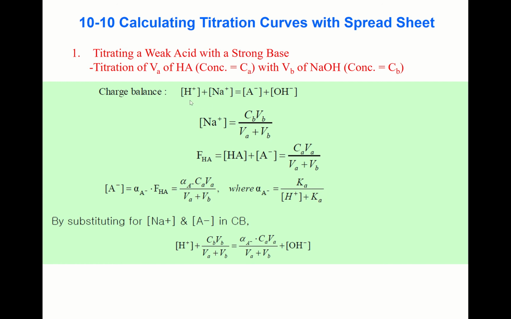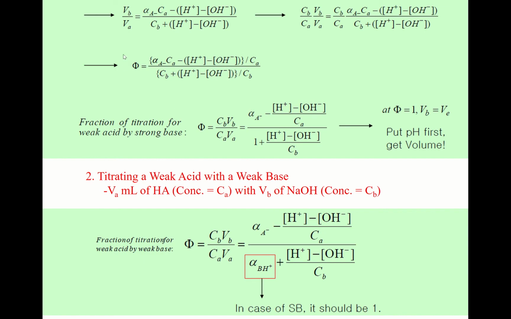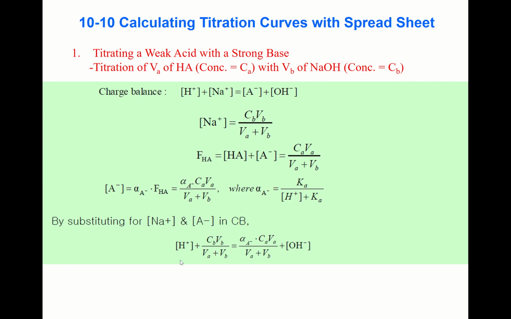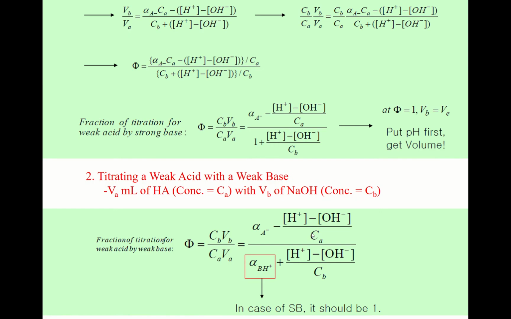And then this charge balance equation can be rewritten here. Here is the proton, and instead of the sodium concentration, we use this one, and instead of the anion concentration, we use this equation, and for the hydroxide ion, here.